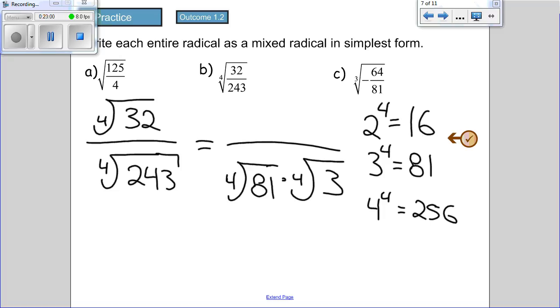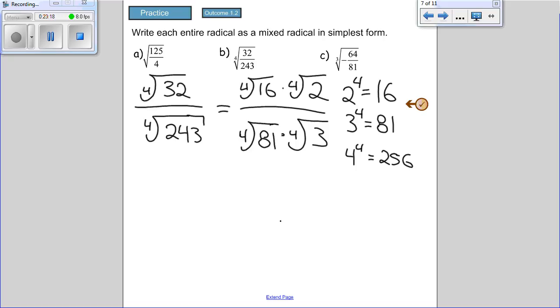So it's going to be the 4th root of 16, and you're times it by the 4th root of 2. Now is the part that people were confused about. On the top, what can simplify? 16 can simplify. The 4th root of 16 changes to be what? 2.